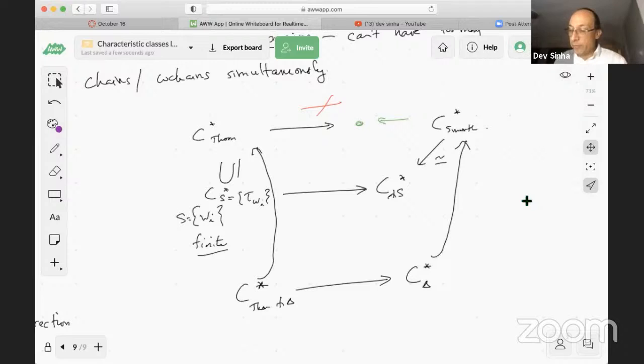And I'm in the process of writing up some work now with Greg Friedman and Anibal Medina, where we realize that on this side we've got a partially defined commutative product by pullback or intersection.